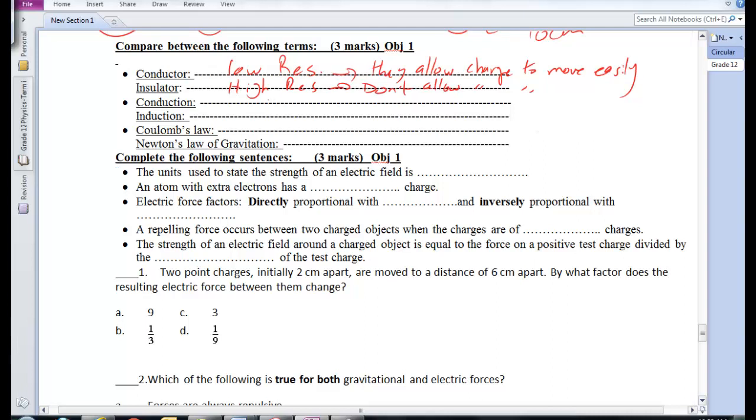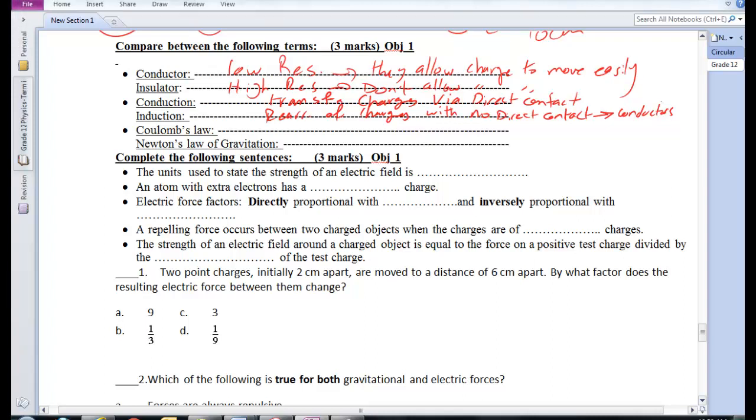Conduction is transferring the charge via direct contact, while induction is a rearrangement of charge with no direct contact, and it only takes place with conductors, because the same process with insulators would be polarization.